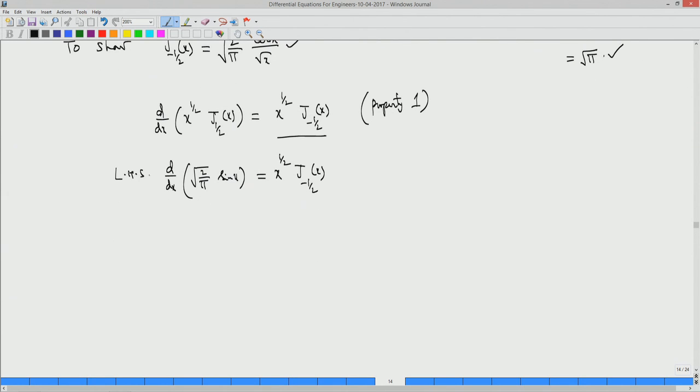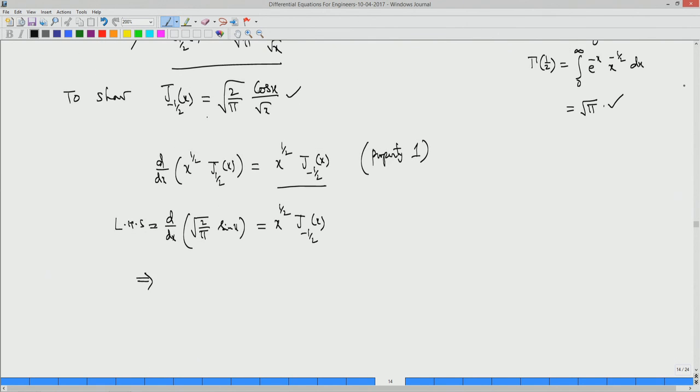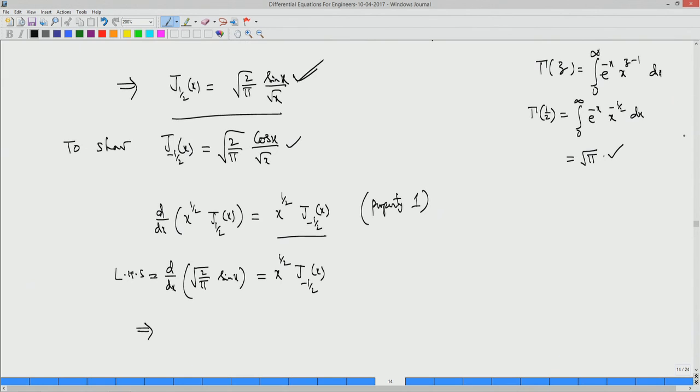So using property 1, this is what you will get. But I already know d dx of root x into J half from here.